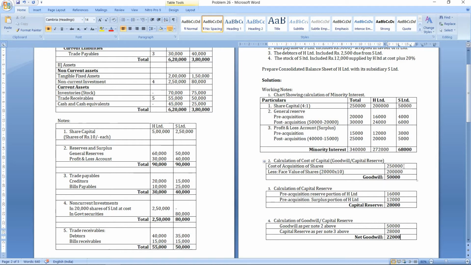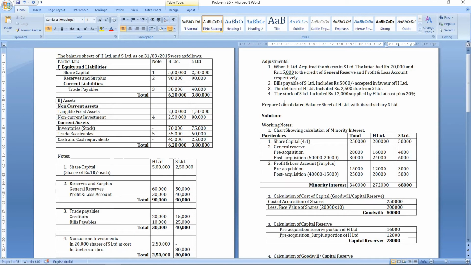So we are done with the regular calculations of minority interest and goodwill or capital reserve that will be shown in the balance sheet. Now we have to pass one more note. This working note is for the unrealized profit included in the stock of S Limited.